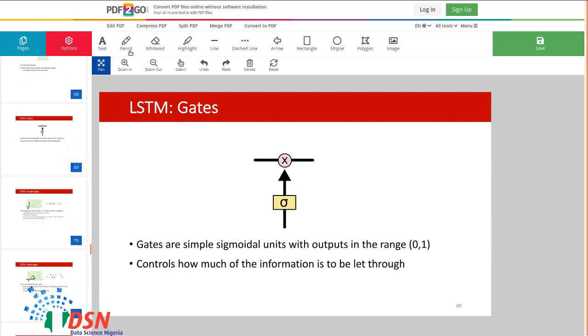And as I mentioned, gates are simple sigmoids to control the output of the unit and determine how much of, let's say this is x, they could control how much of x passes through this line. Okay.